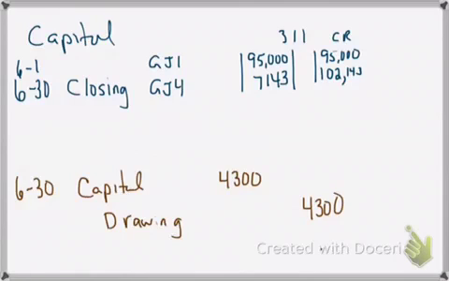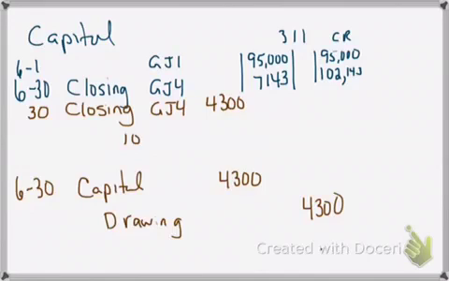And then I would have this journal entry that I would have to make as of the 30th. It is a closing entry, so you would see closing there. It is found on page 4, and it is going to be a debit. So again, here with this one, I had the balance of 102,143, and I would have to subtract that debit from that to get the new balance.